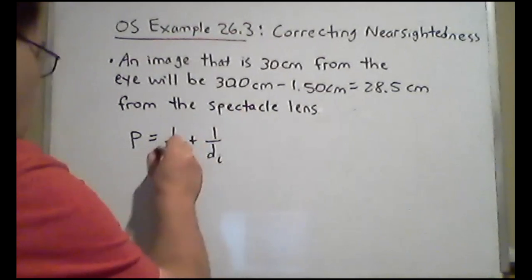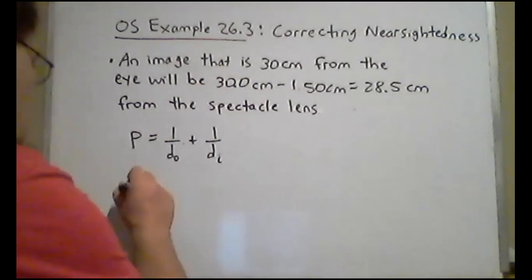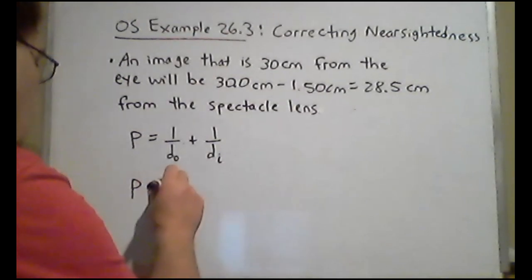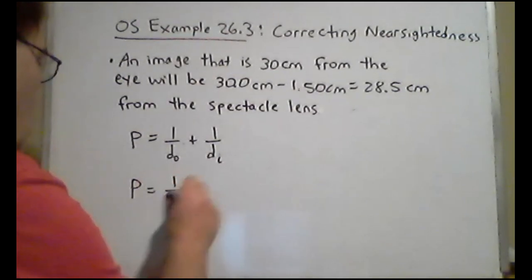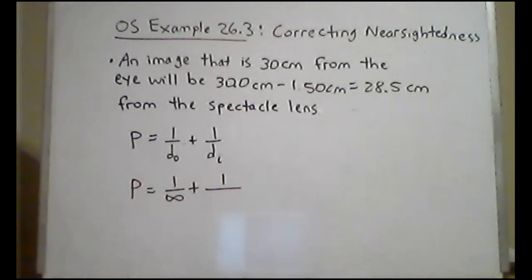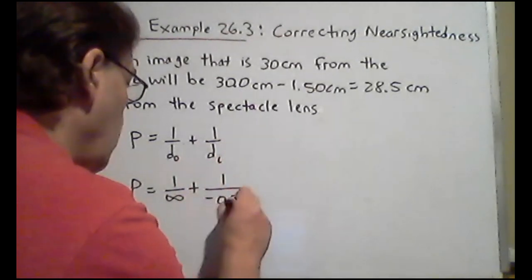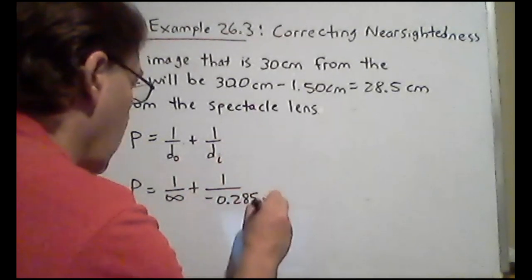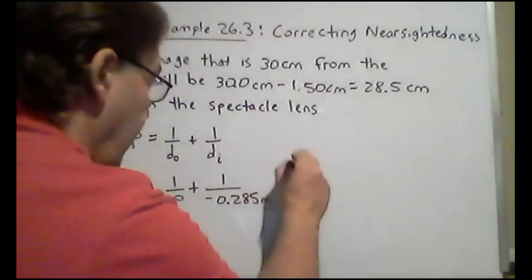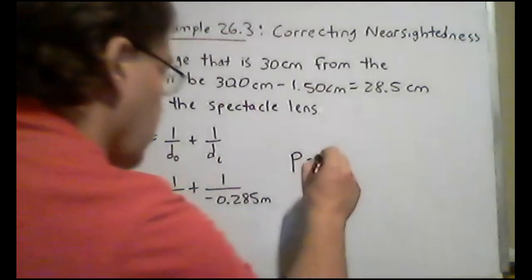And so again, I'm trying to bring in objects that are far, far away. And so what I just showed you here is that I have 1 over infinity plus 1 over, what was that again? Well, that is negative 28.5 centimeters, but I have to have this in meters in order to do diopters, right? So it's negative 0.285 meters.